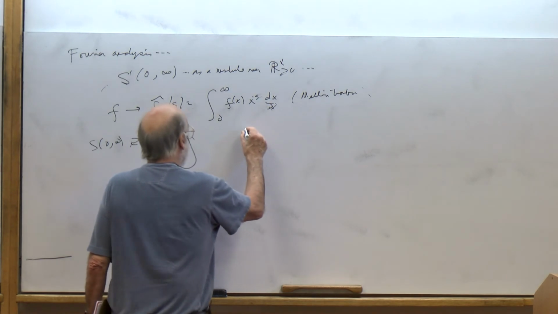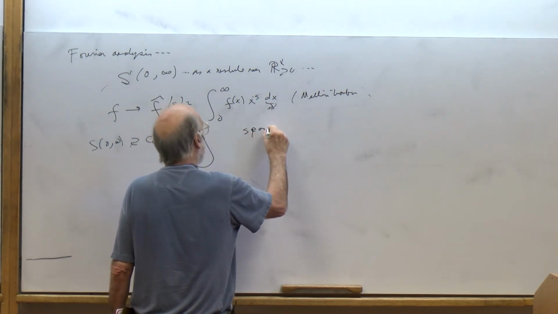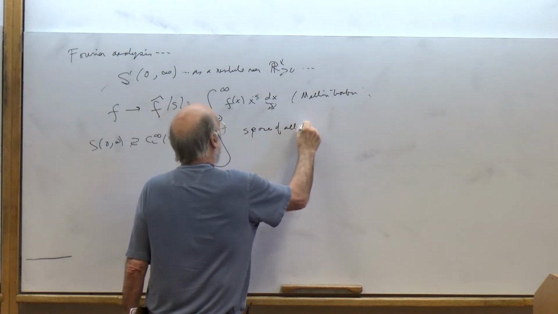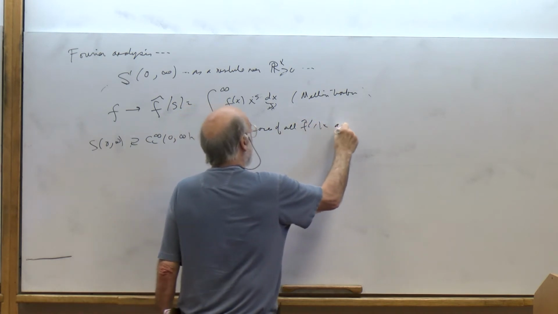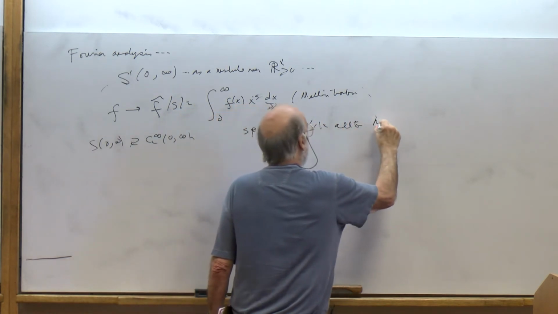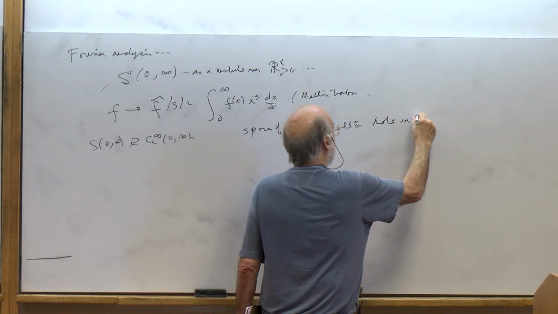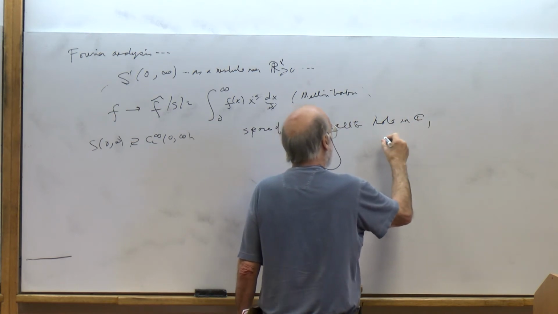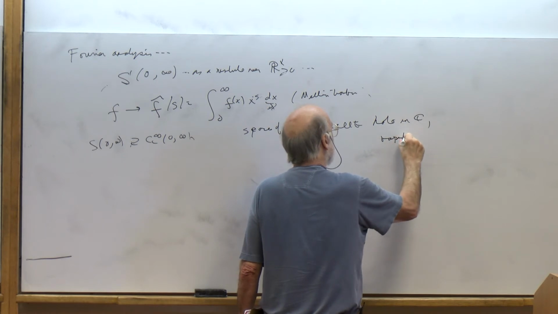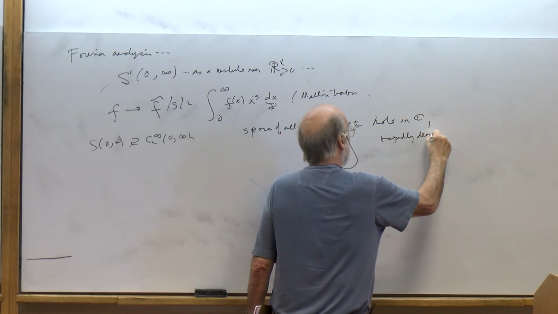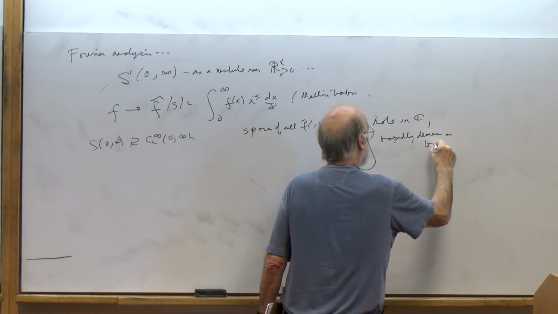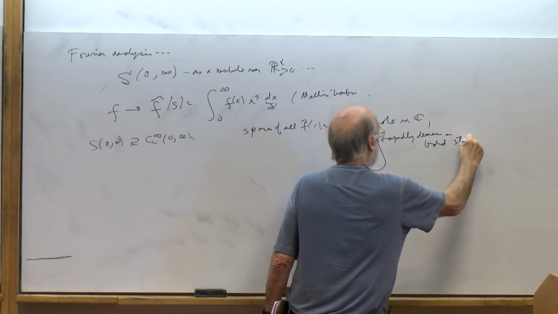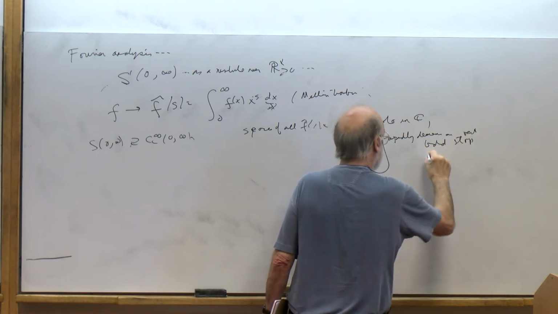But in this case, the space of all f hat of s equals all f holomorphic in C and rapidly decreasing in the imaginary direction on bounded strips, bounded vertical strips.